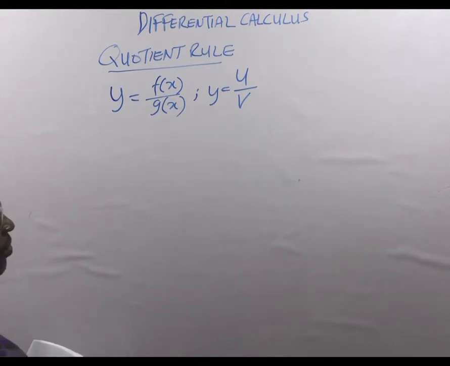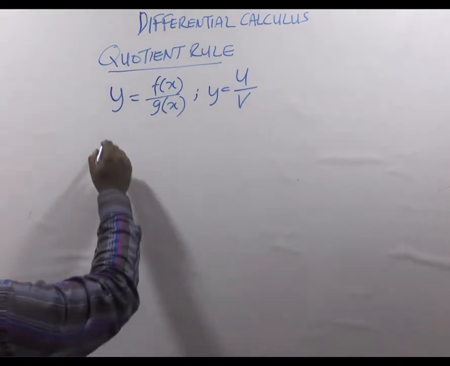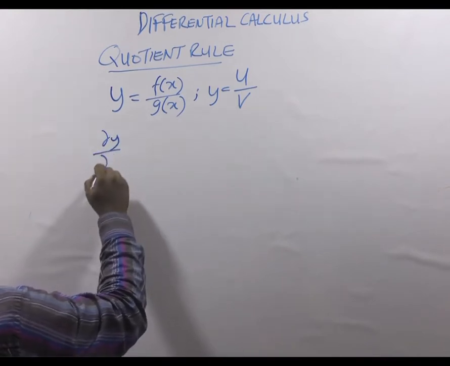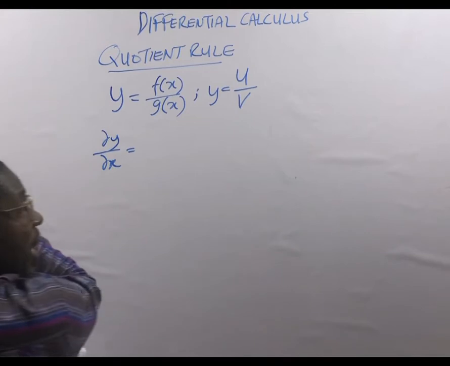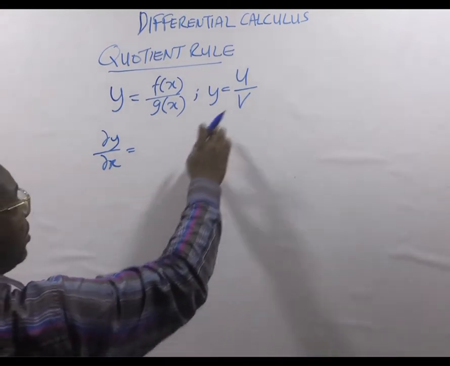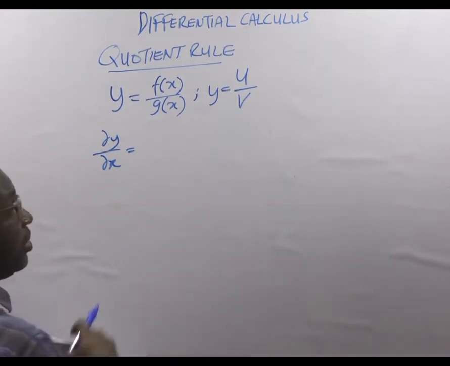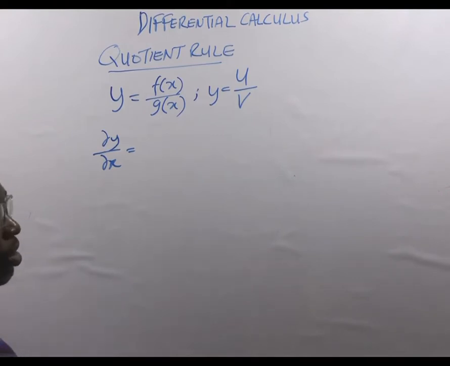That's the differentiation of y. Now dy/dx will be that we will find the derivative of both functions, and then we'll do our cross multiplication.